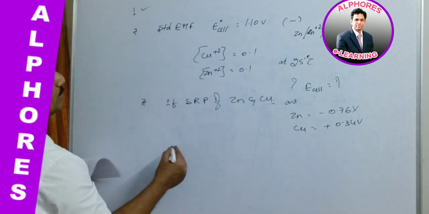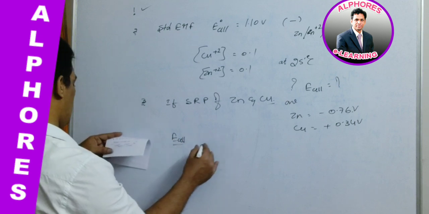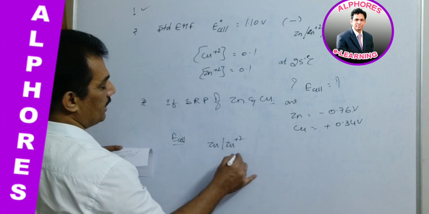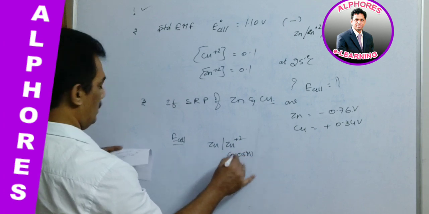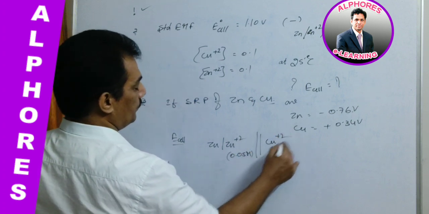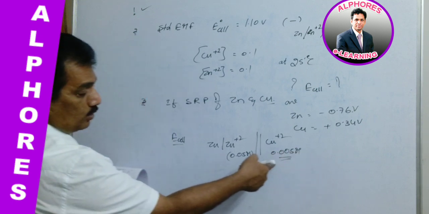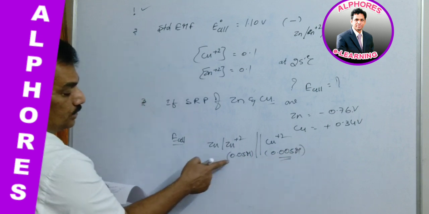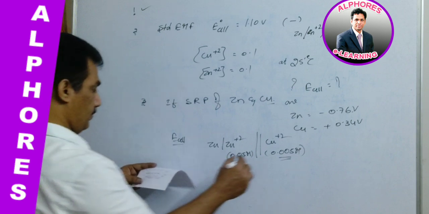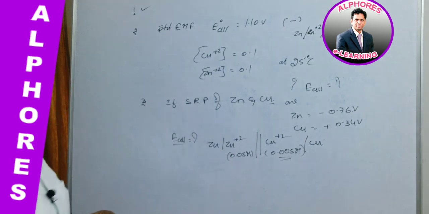Now they are asking to measure the E cell when Zn plus 2 is 0.05 molar and Cu plus 2 is 0.005 molar. Then they are asking how much the E cell is.